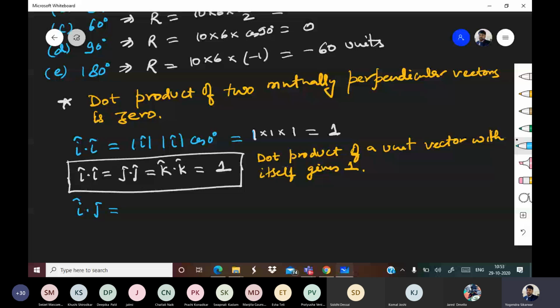So i dot j will be magnitude of i into magnitude of j into cos 90. Why cos 90? Because the angle between i direction and j direction is 90 degrees. That makes everything 0.